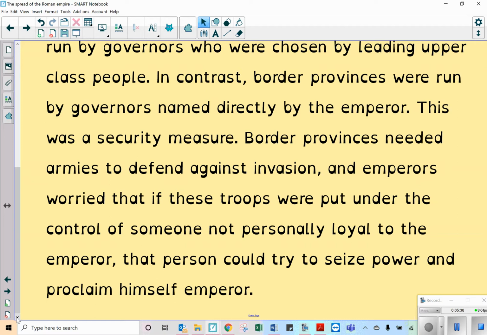He wanted to make sure that the border provinces had armies to protect and defend them. And he wanted to make sure that those armies were under the control of somebody that he had chosen who was loyal to him, as opposed to somebody who was thinking, this is a great chance for me to seize power and get rid of the emperor. So the emperor was clever in the way he chose how his provinces were run.